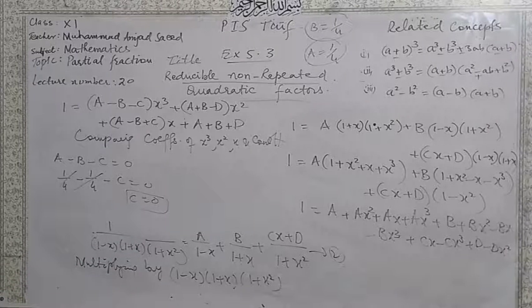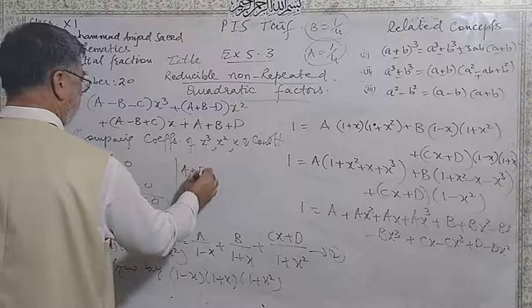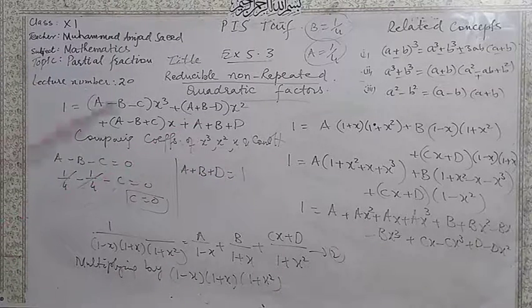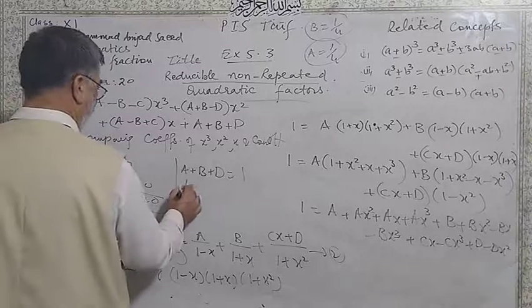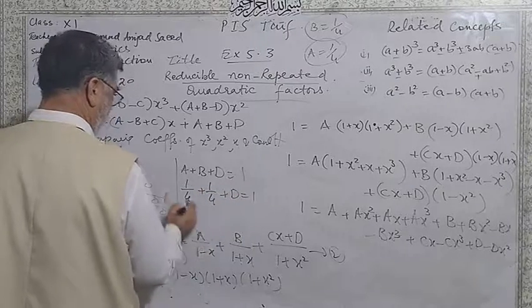After that, we have to find d. This is last, a plus b plus d is equal to 1. Constant is equal to constant. So a is 1 over 4 plus b is 1 over 4 plus d is equal to 1.